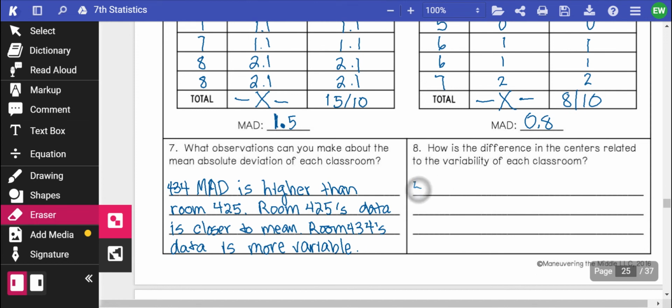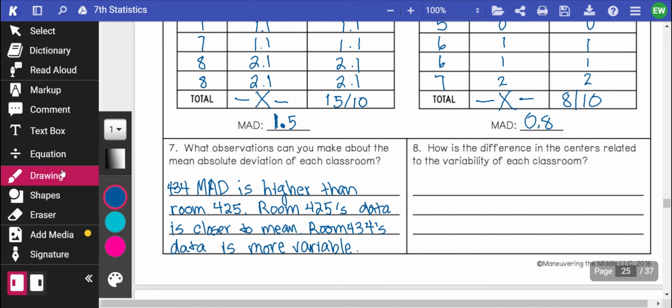Oh, I'm sorry, they both have a difference of 0.9 and it is closely related to 425 MAD, or mean absolute deviation. Okay, that's about it for the video.